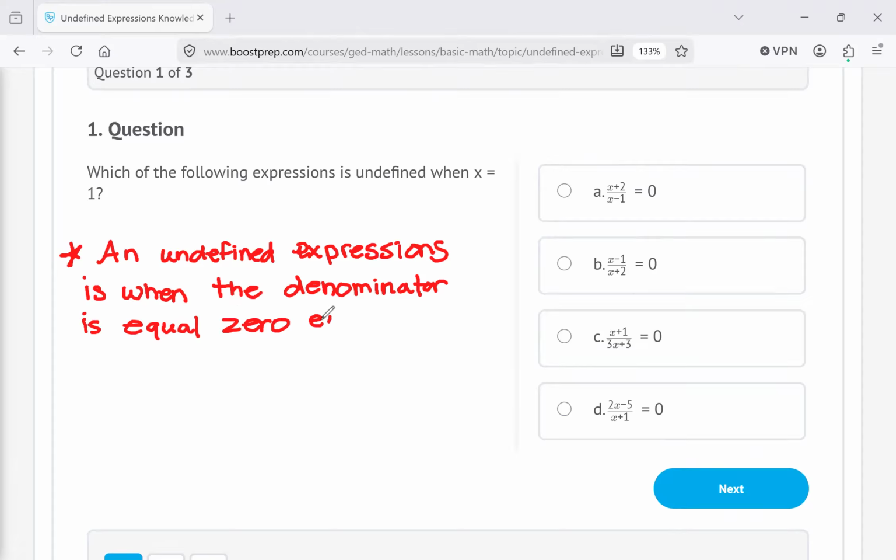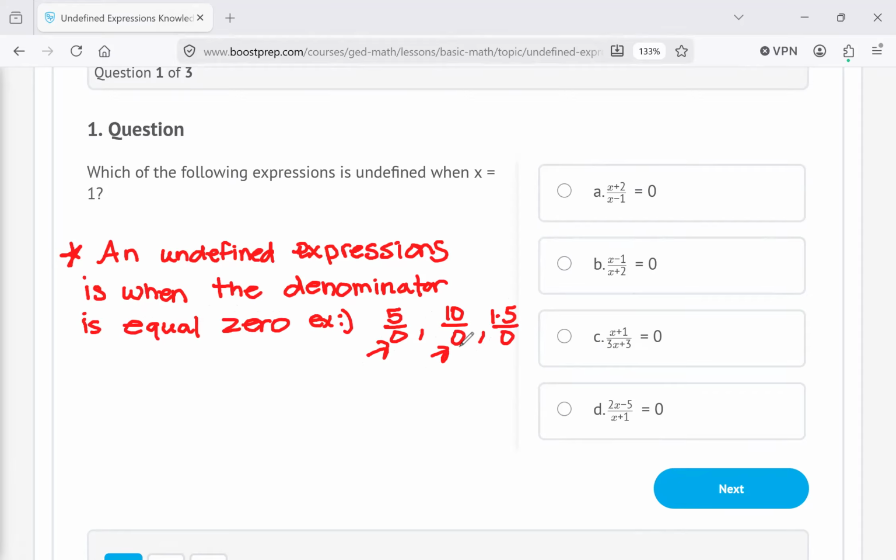An example would be 5 over 0, 10 over 0, 1.5 over 0. As long as the denominator is 0, it's considered undefined.